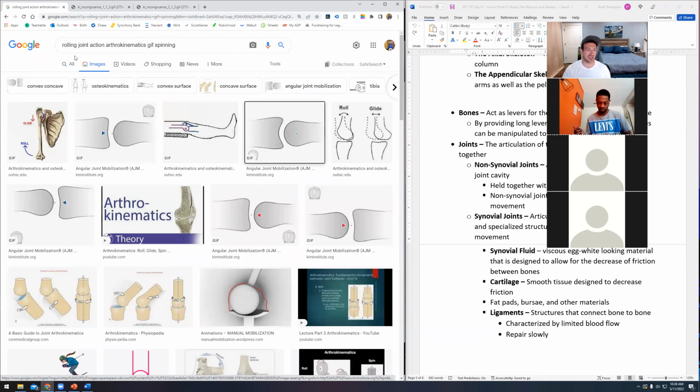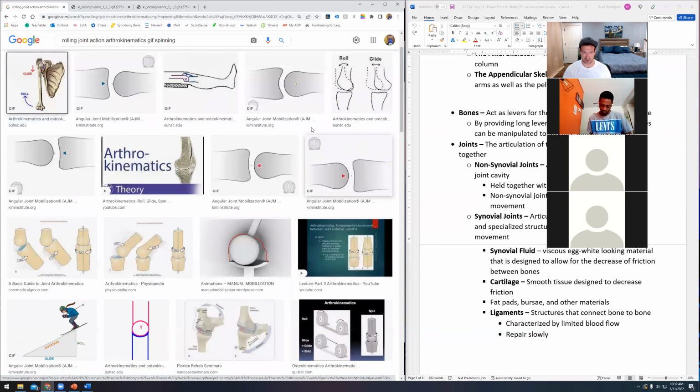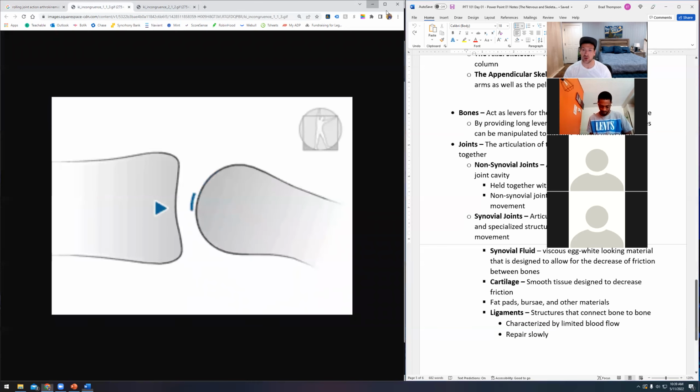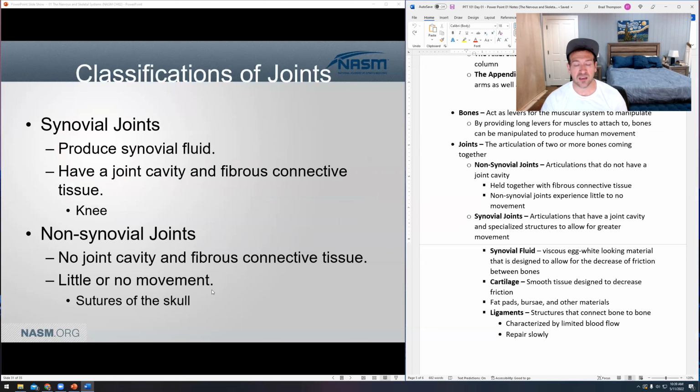But basically spinning is about its axis. You guys know what a spin is. But yeah, those are the three main joint actions that we see, the three ways that all of our joints move.